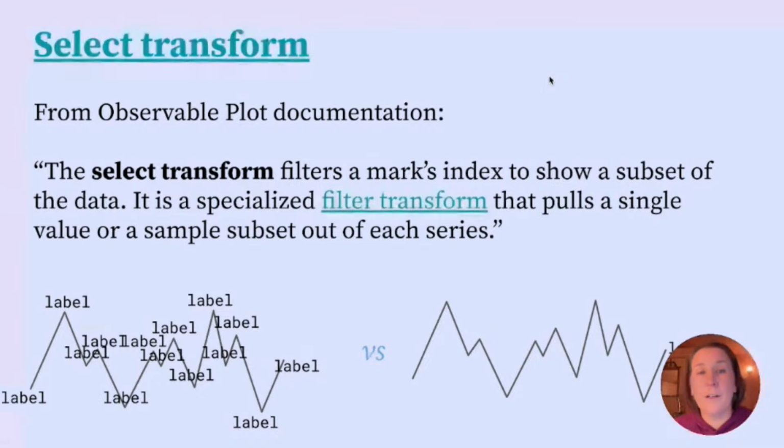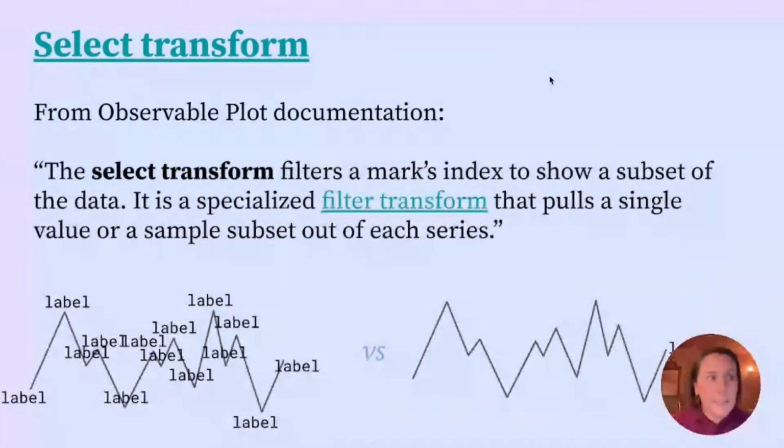So the select transform filters a marks index to show only a subset of the data. It's a specialized filter transform that pulls a single value or sample subset out of each series so that we can place something just at the value of one observation instead of across all observations.